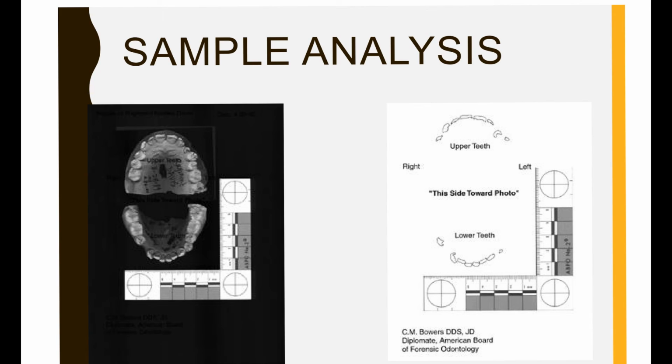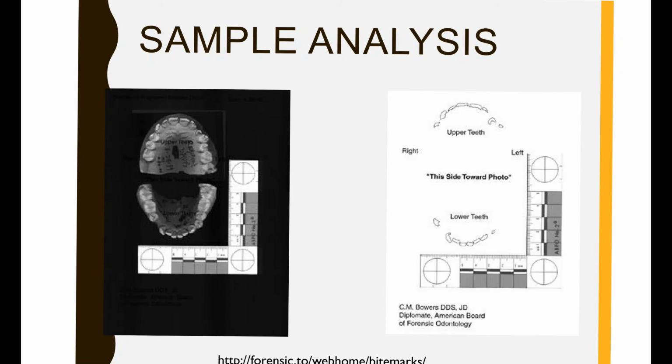Okay, so here's some sample pictures of what sample data or sample analysis would look like. Over here on the left, this is your photocopy, but actually I think this might be an x-ray. Now that I think about it, hold on. Yeah, sorry, this is an x-ray over here on the left.